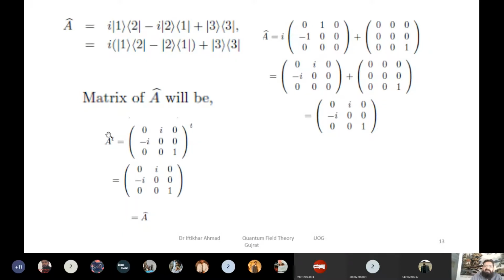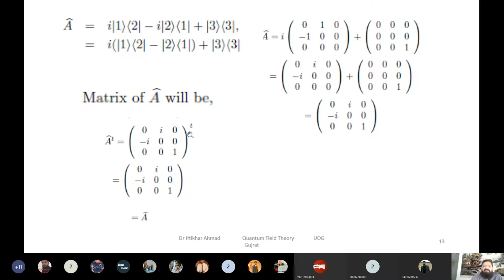So now you can apply the transpose and then the complex conjugate. So what is the complex conjugate of this? Complex conjugate and transpose together mean a dagger. You can take the a dagger. If a dagger is equal to a, then you say that a is Hermitian. So here we are taking only the transpose, not taking the complex conjugate. Okay, you check it.